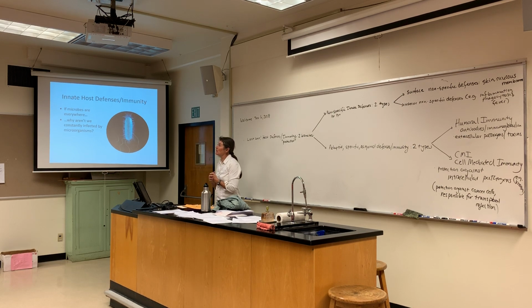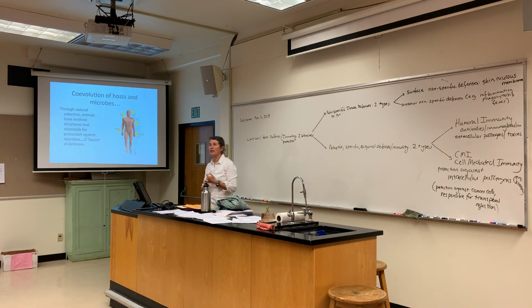And so we want to remember that you guys represent survivors, right? We've been co-evolving with these microbes, and through natural selection, your ancestors were selected for their ability to withstand microbial invasion.